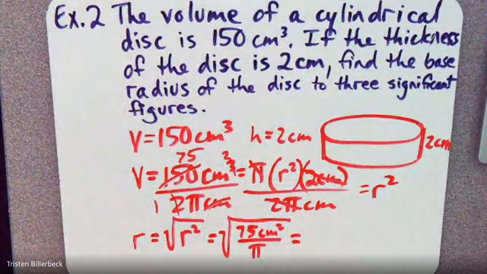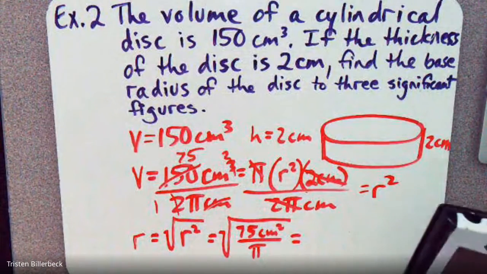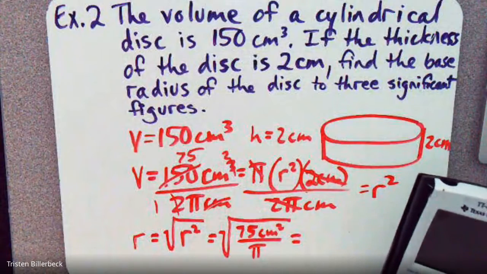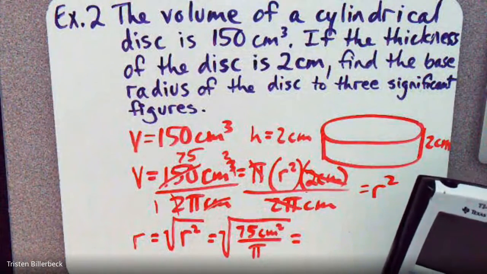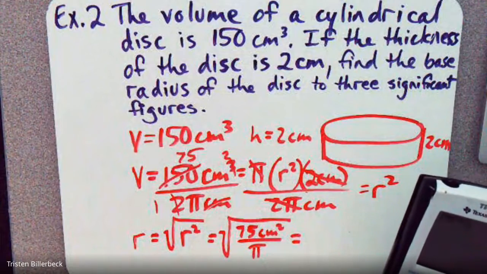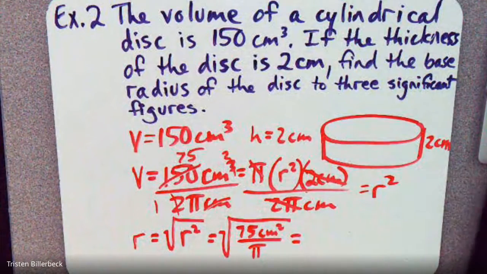Okay, so my math is good, but when we get to stuff like this, it's a better thing for a calculator to do. So I'm going to take the square root of 75 divided by pi and find out what that is.